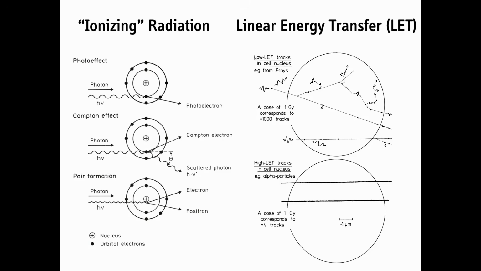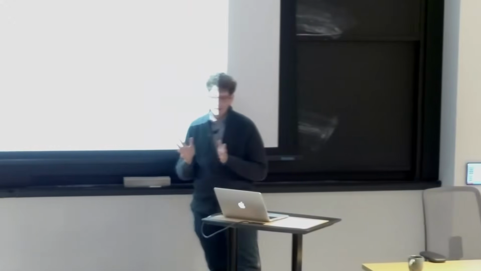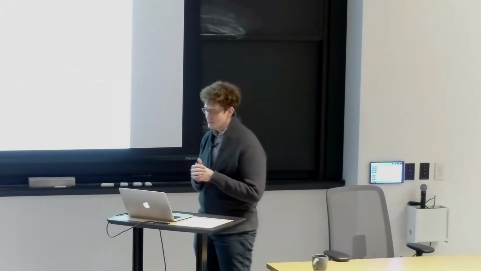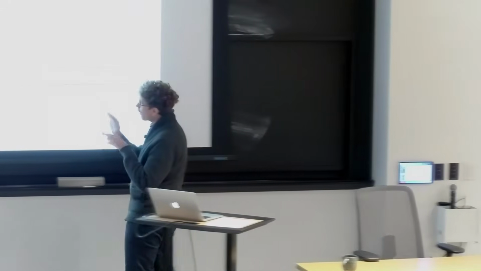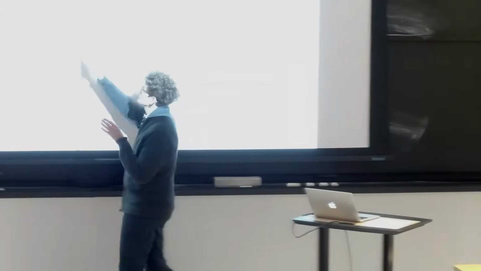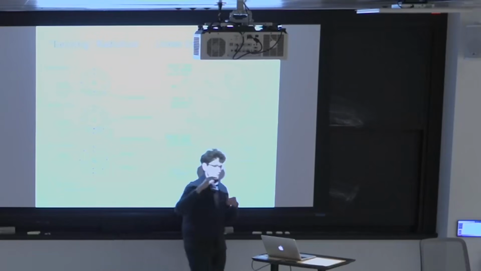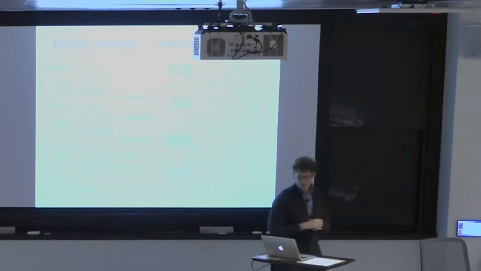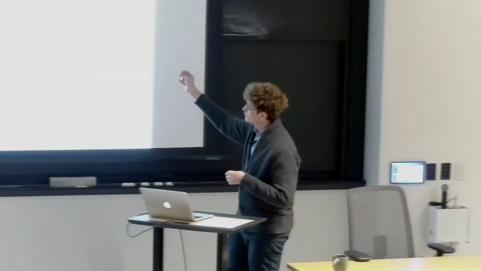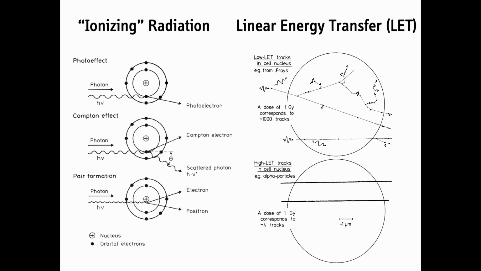So the first process, on the top left, is the photoelectric effect. And this is usually the dominant process when you have a low energy photon, usually below a few hundred keV in energy. What it does is it transfers all of its energy to an electron and kicks out the electron, usually from an inner shell. So now you have this high energy electron, which is traveling, which is also charged, and that's going to transfer further energy and so on.